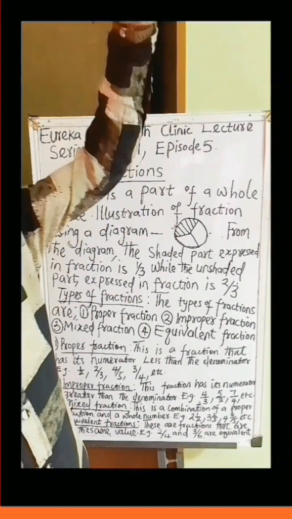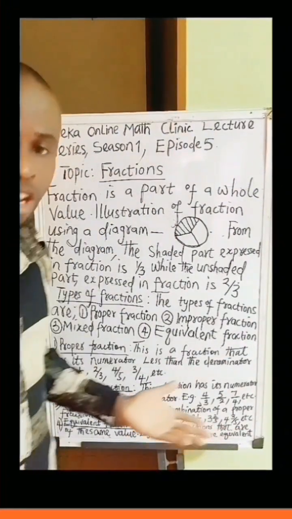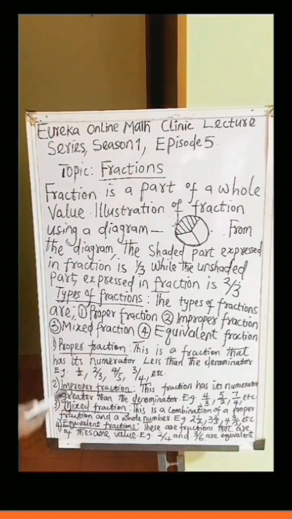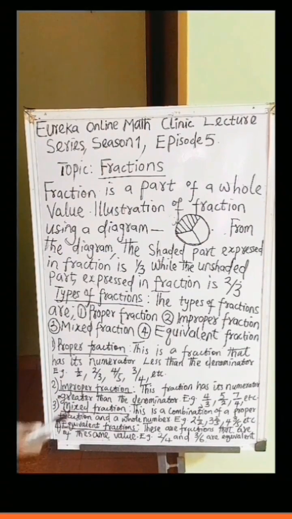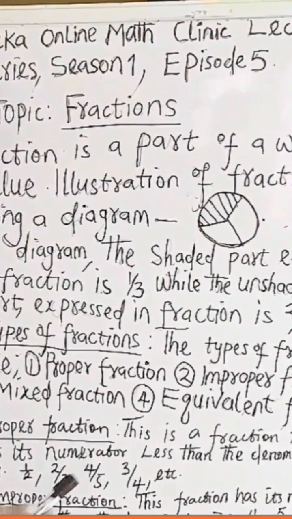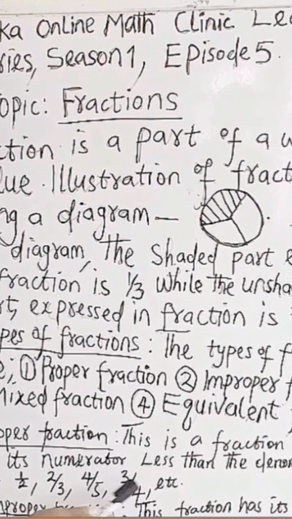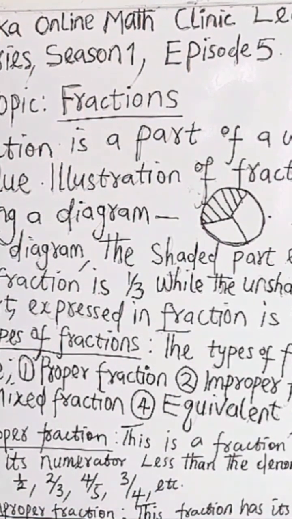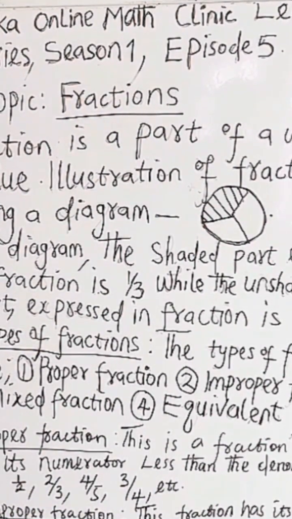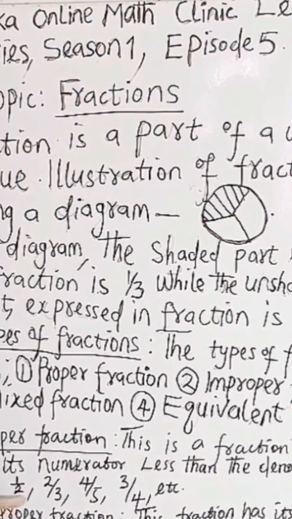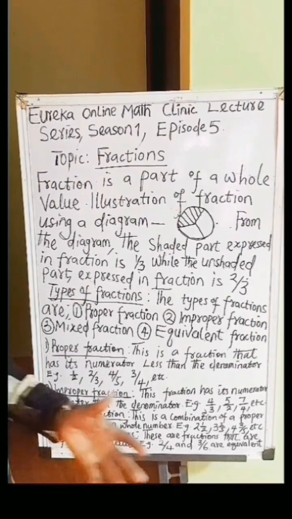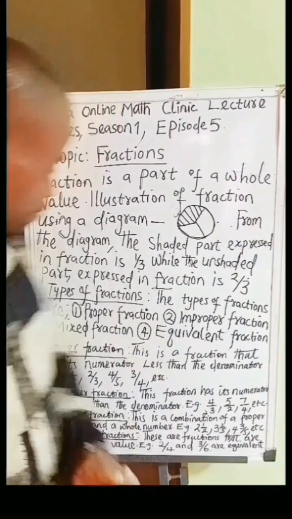You have the value on top smaller than the value down. Examples, we have 1/2 is proper, 2/3 is proper, 4/5 is proper, 3/4 is proper, and so on and so forth.